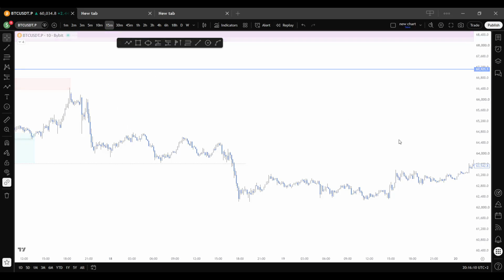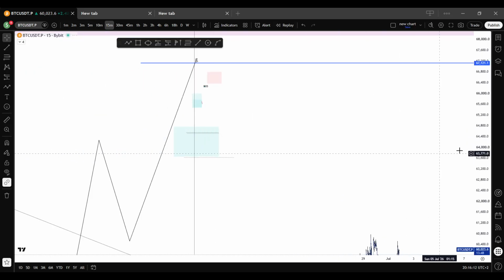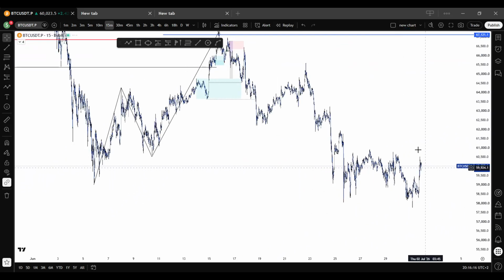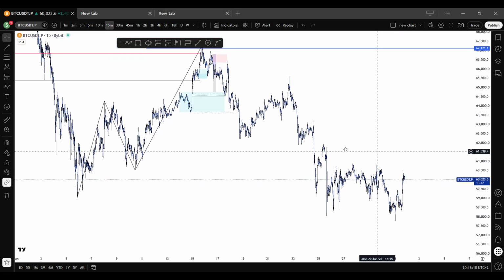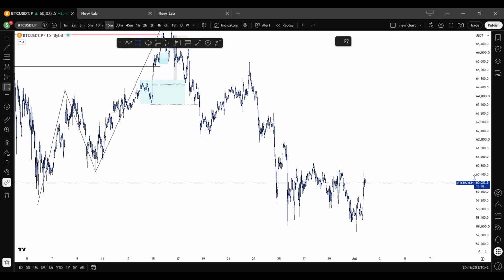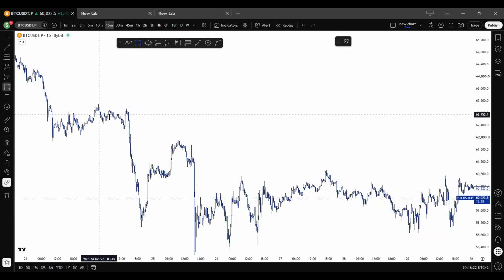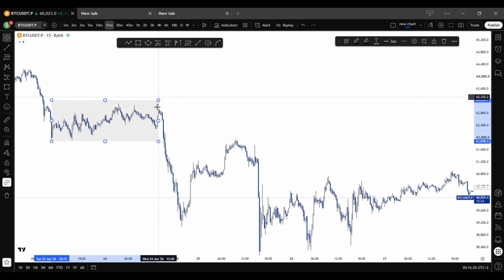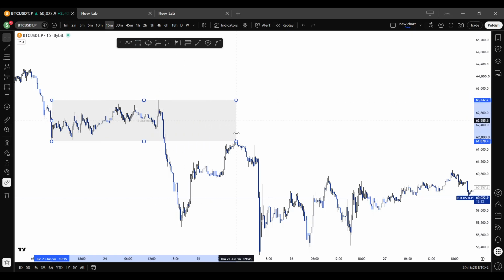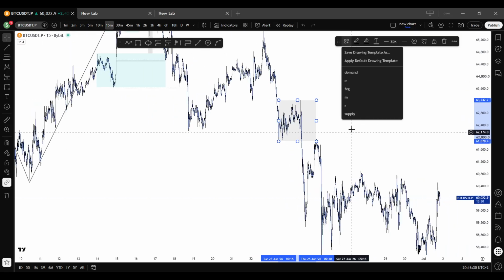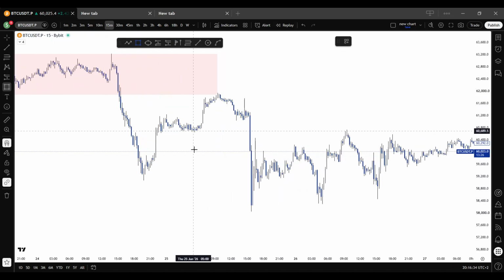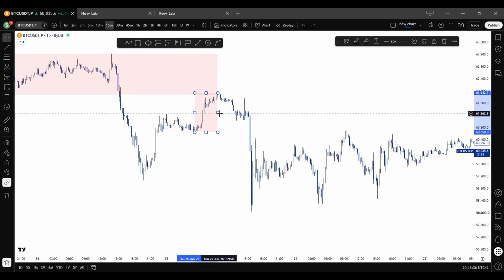Let's see. Why is it lagging so much? Wait, I'm just going to map out the POIs that I was looking at. It was this one, and it was this one as well.